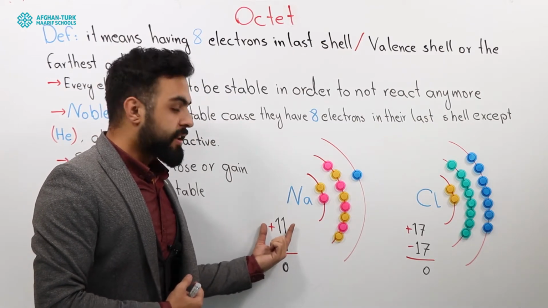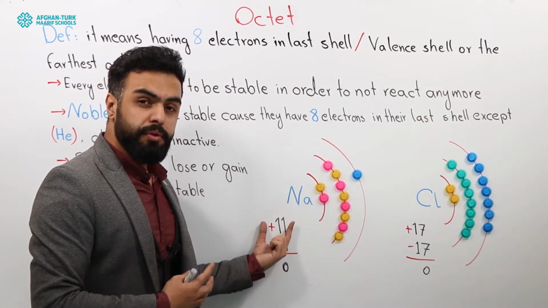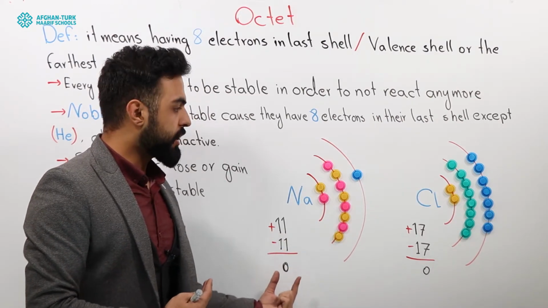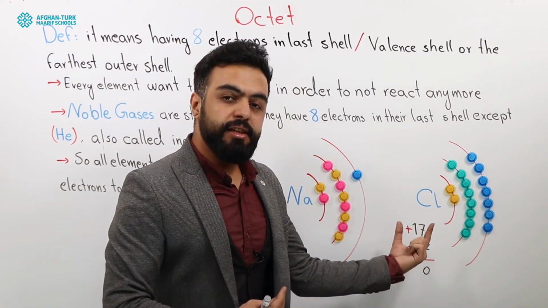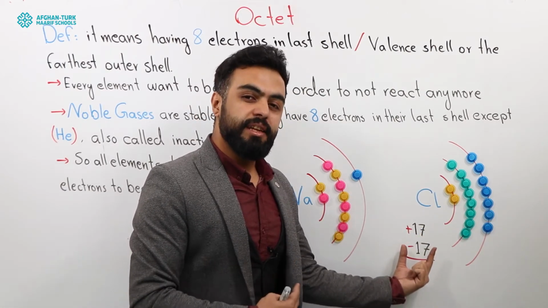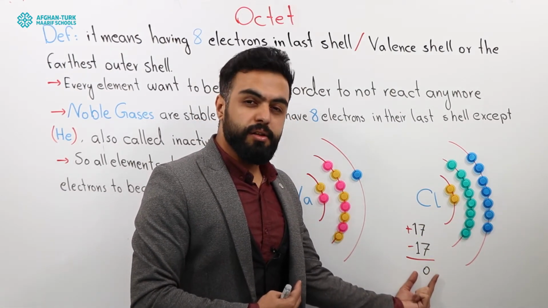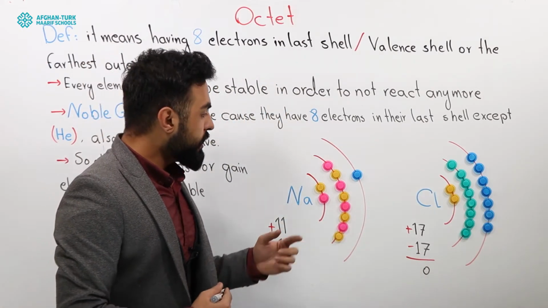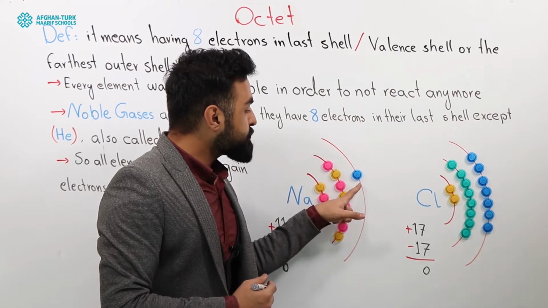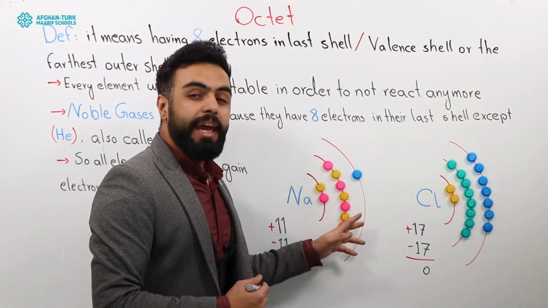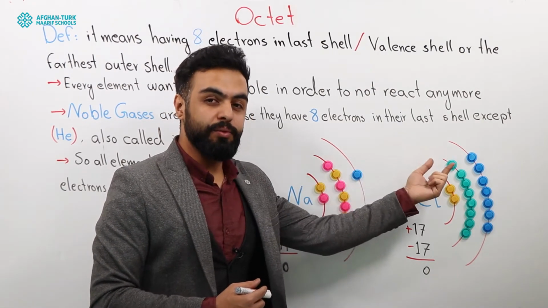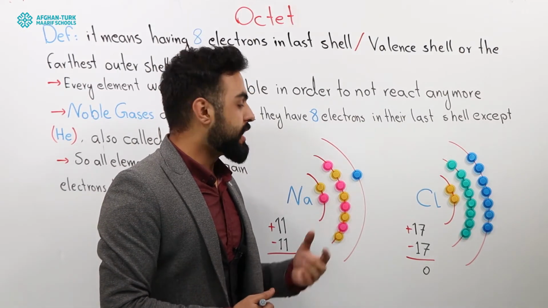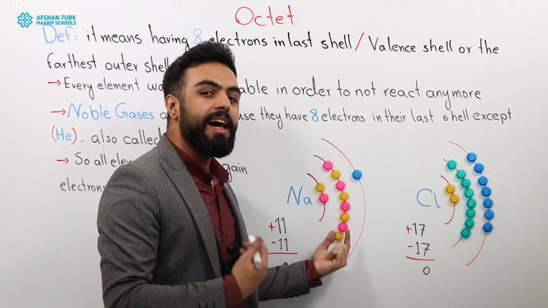According to the chart, sodium has 11 protons and 11 electrons, so the charge is 0 here, and chlorine has 17 protons and 17 electrons, so it is also 0. But what happened when they react? When they react, it is much easier for sodium to lose 1 electron in order to octet the last shell.